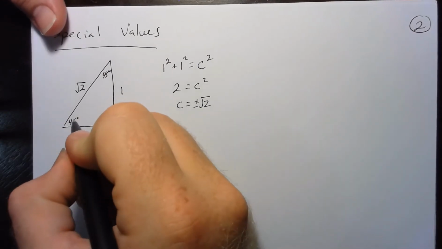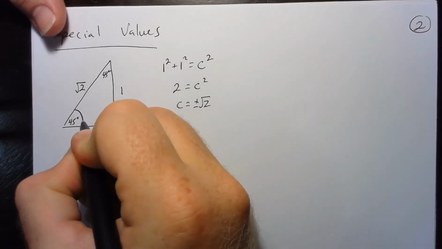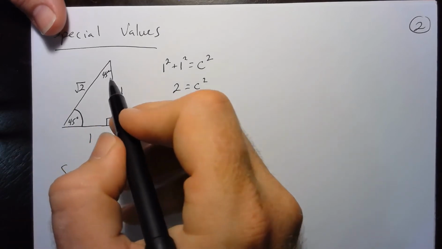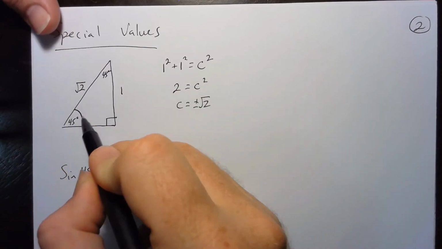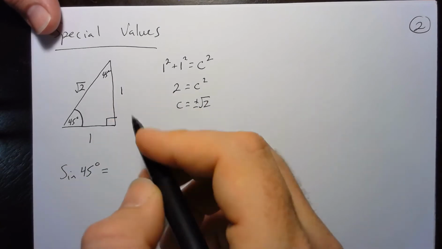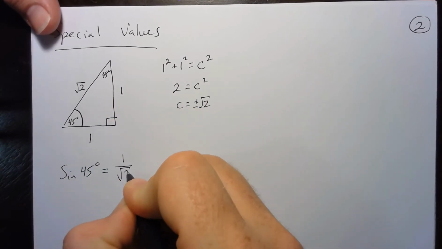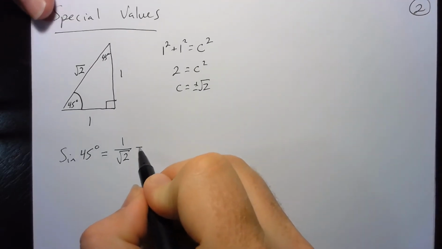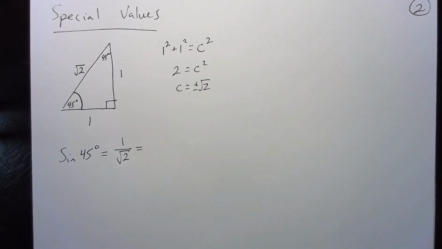Well, for the sine of 45 degrees, I'm going to use this angle as my comparison, just because I feel more comfortable with these values here as opposed to these values up here. So the sine of 45 is going to be 1 over radical 2, because that value is opposite over hypotenuse. This is not appropriate notation. We don't like having radicals in the denominator of fractions. So we're going to rationalize that denominator.